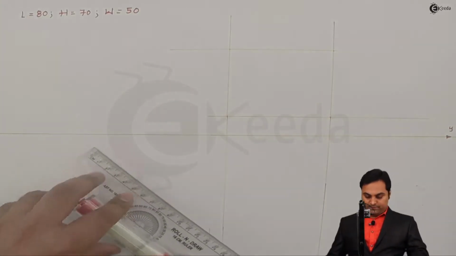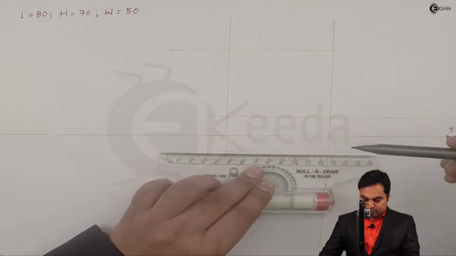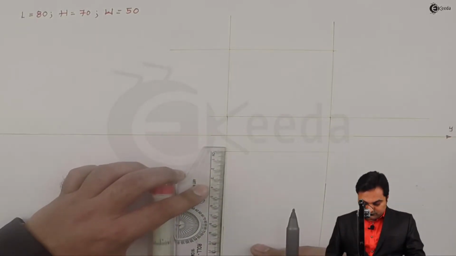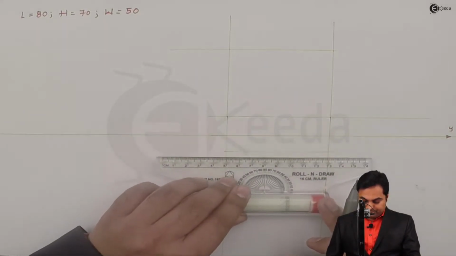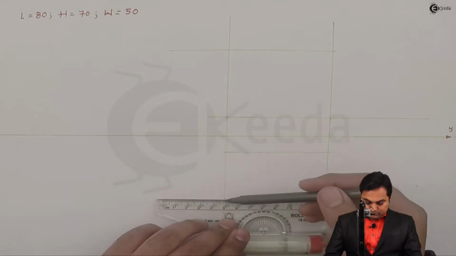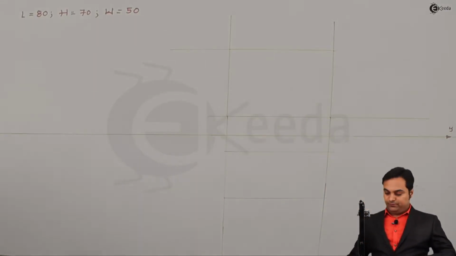Width is 50 mm. So I'm marking 50. Now this is the rectangle inside which I'm going to draw the top view.